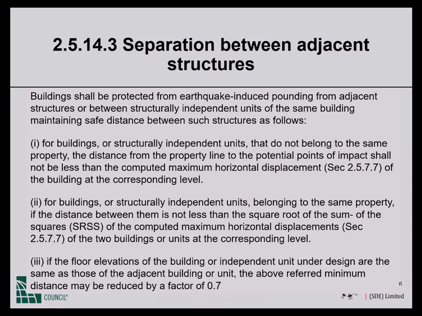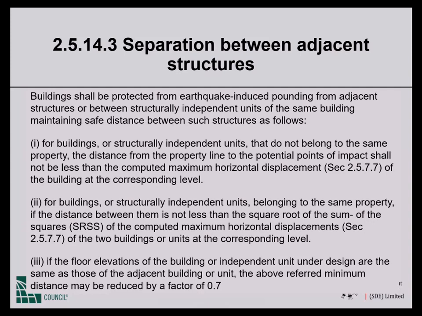Okay, so the setback distance, as we call it, is equal to the computed deflections. Okay, so number 2, for buildings or structurally independent units belonging to the same property, if the distance between them is not less than the square root of the sum of the squares of the computed maximum horizontal displacements.